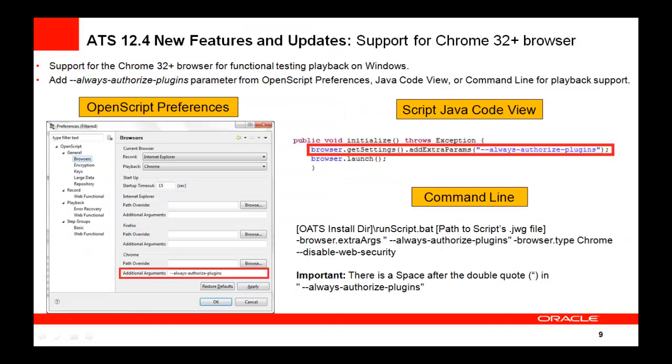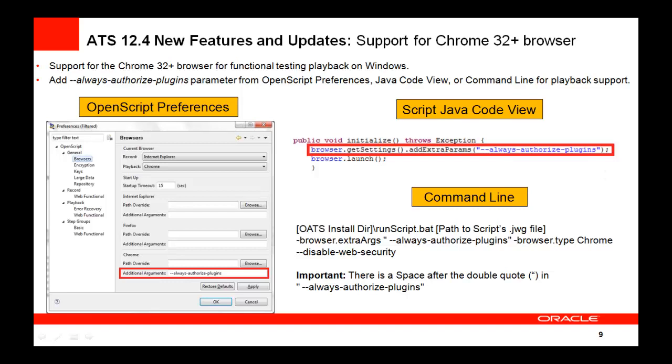Another way to enable playback for Chrome Release 32 and above is to call the Add Extra Params API from the Java code view. Please note this is only required if you do not want to add the parameter into OpenScript Preferences. So either you would need to add the parameter via the Java code view through the script, or you need to go to OpenScript Preferences and add it in the Additional Arguments field.